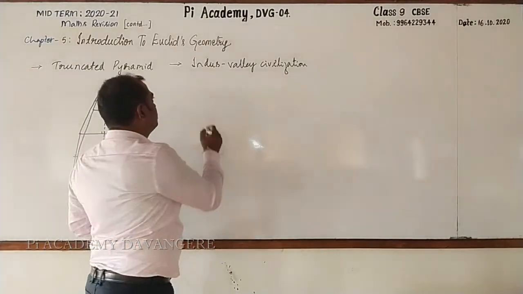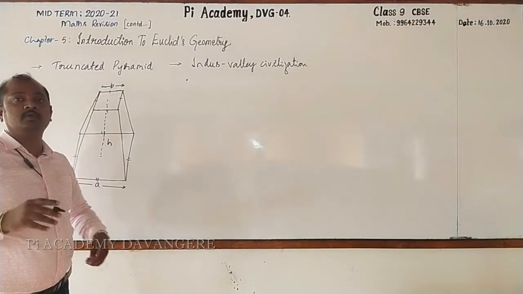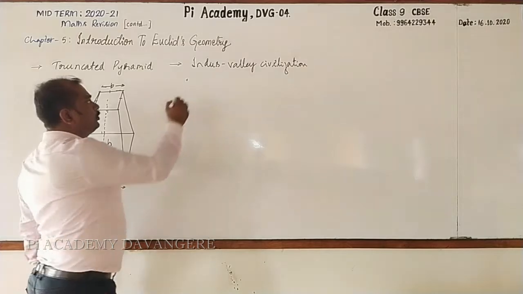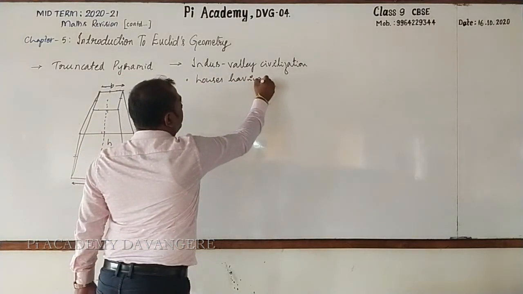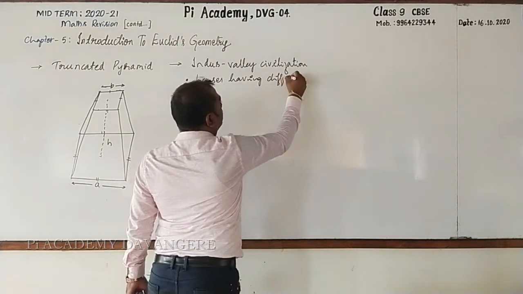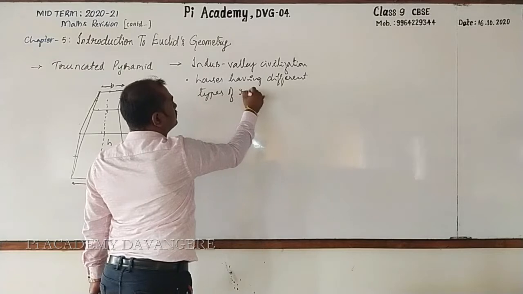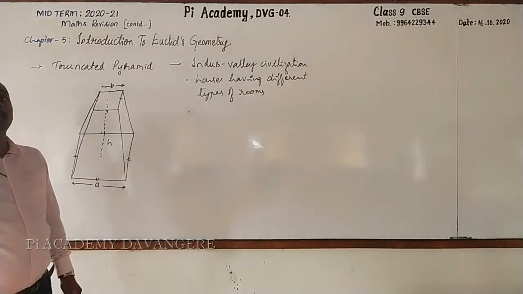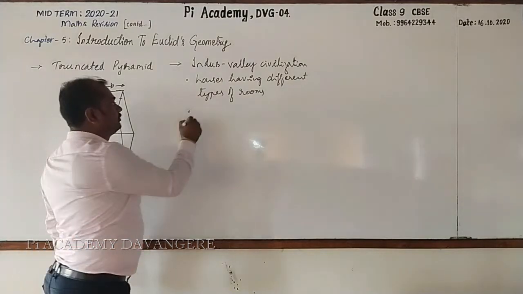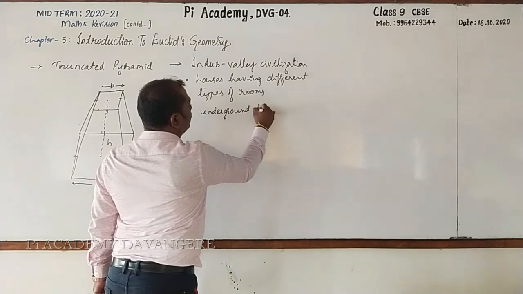Yes, there are some examples. They had built the houses having different types of rooms. Then, second point, there was underground drainage system.